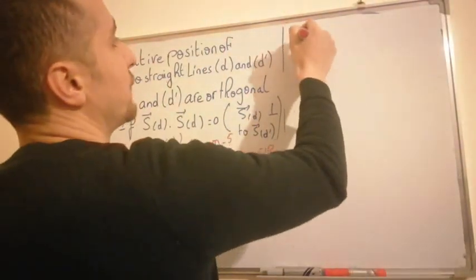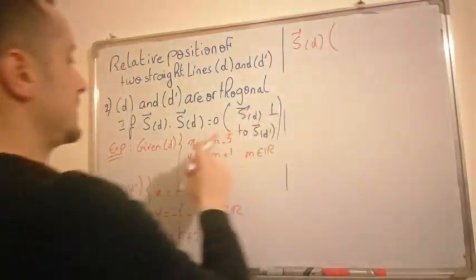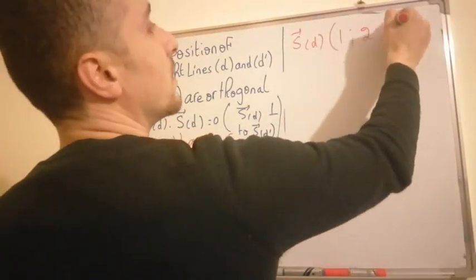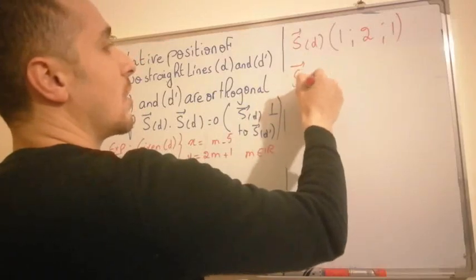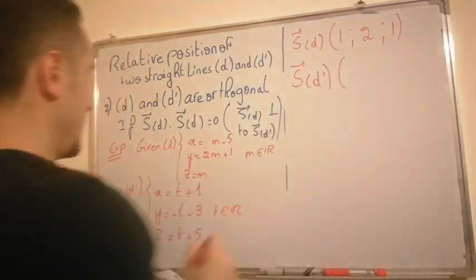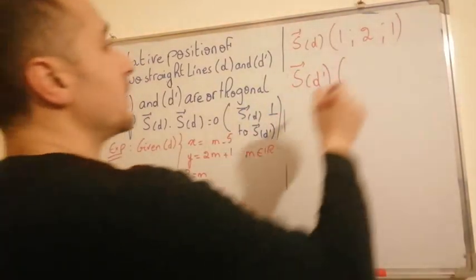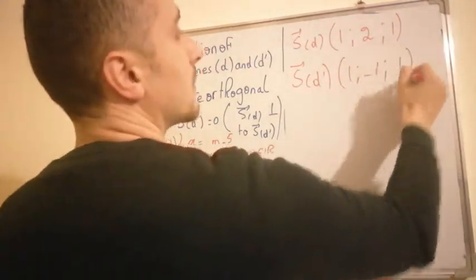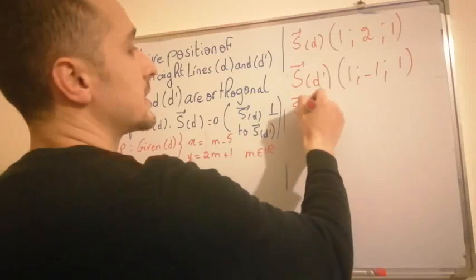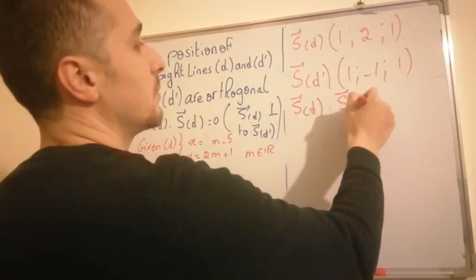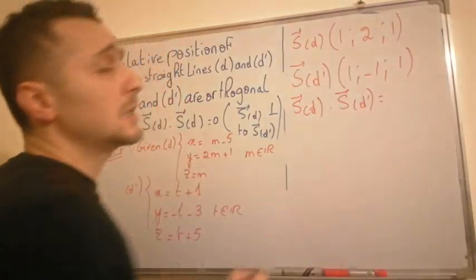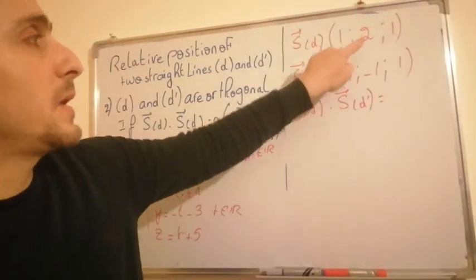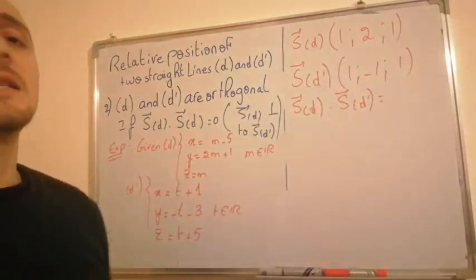S of D is (1, 2, 1), and S of D prime is (1, -1, 1). S_D scalar S_D prime: we know that the scalar product between two vectors is xx' plus yy' plus zz'.